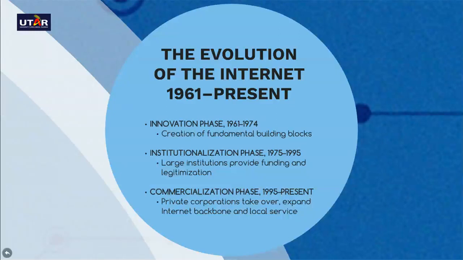The second phase is named the institutionalization phase, which started from 1975 until 1995. So it's where the largest institutions provide funding and legitimization. After 1995, the third phase is the commercialization phase, until the present. Normally, private corporations take over and expand the internet backbone and local services.